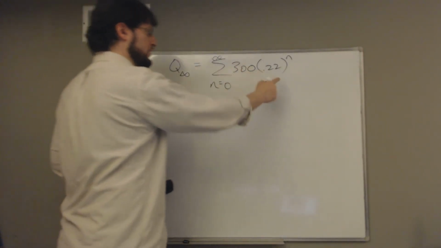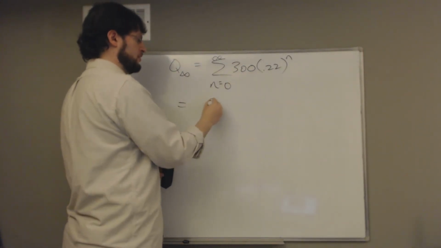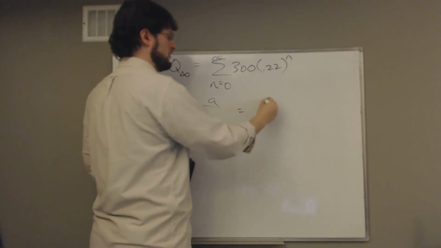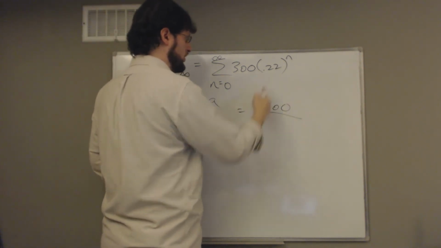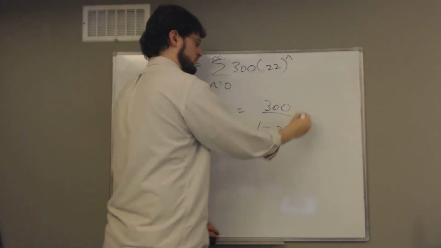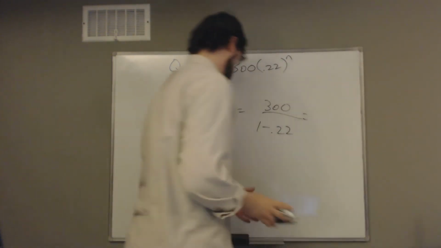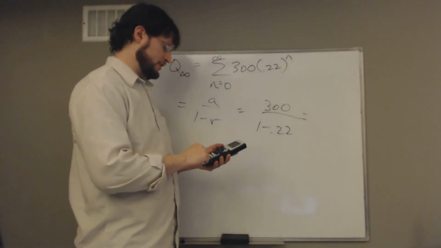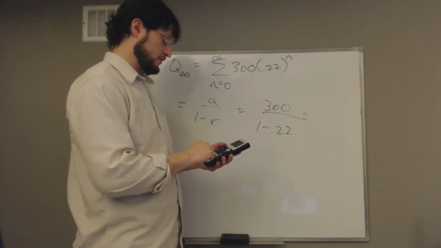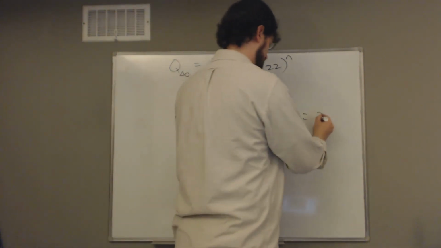But I know what to do with this. This is a geometric series with a equals 300 and r equals 0.22. And just so we can get a good idea of what that is, this works out to be 384.6.